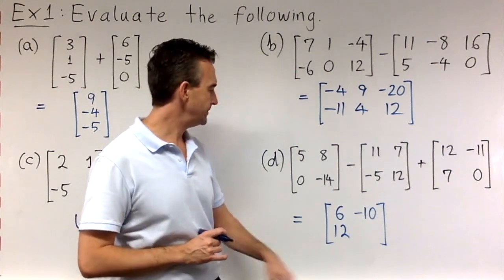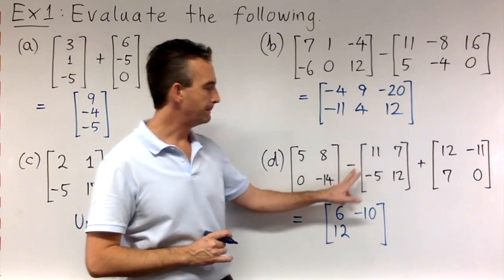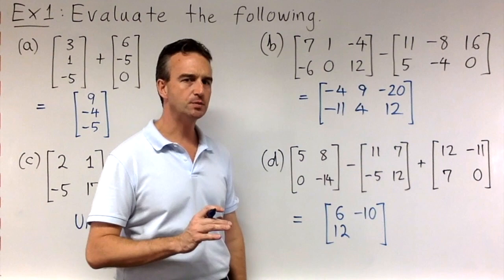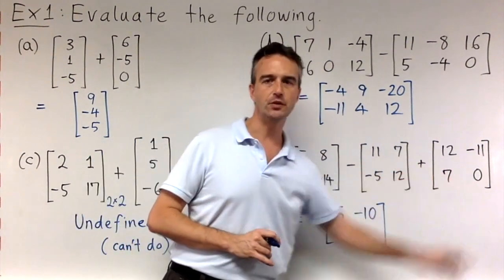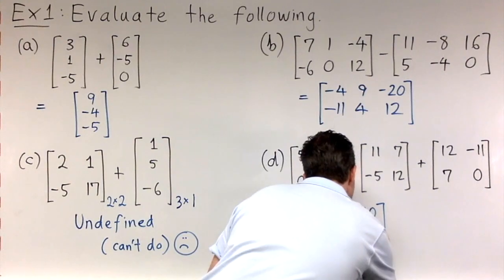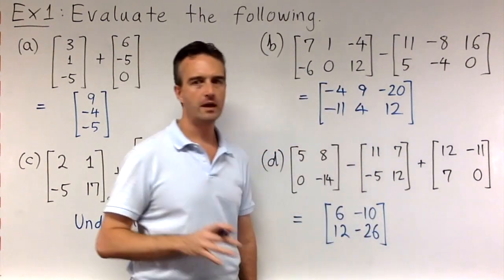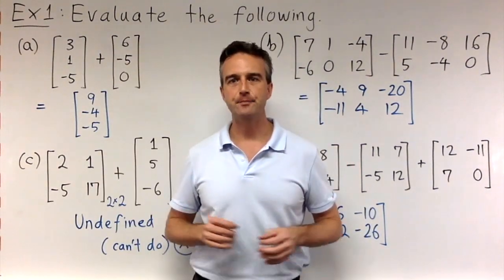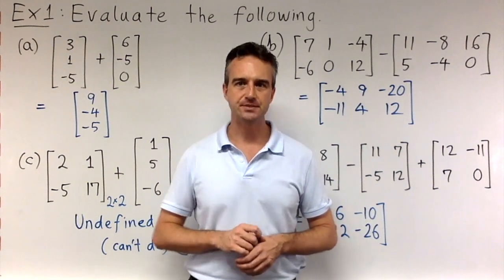And our final entry, negative 14 minus 12 is negative 26. Plus 0 leaves us with that negative 26. There we have it. And there we have basic matrix addition and subtraction.